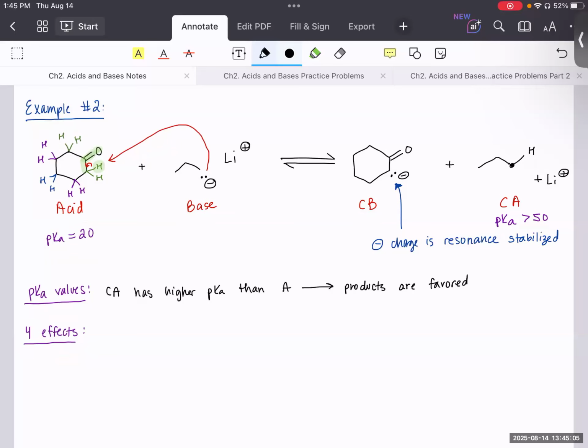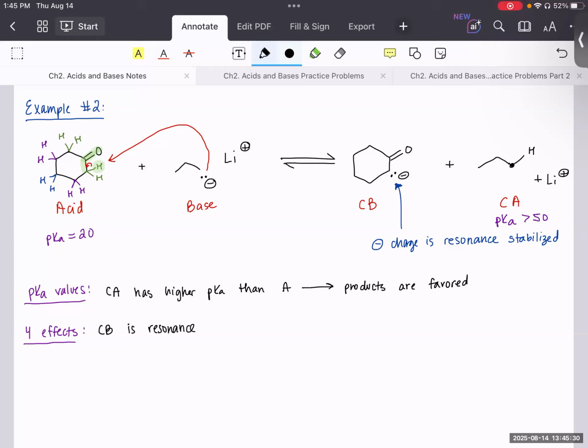All right. If we're not given the pKa's, we can also use the four effects to determine which side is favored. And so here we want to compare the bases. So for both of these, both of them have a carbon that has a negative charge on it. However, we have resonance stabilization for the conjugate base.